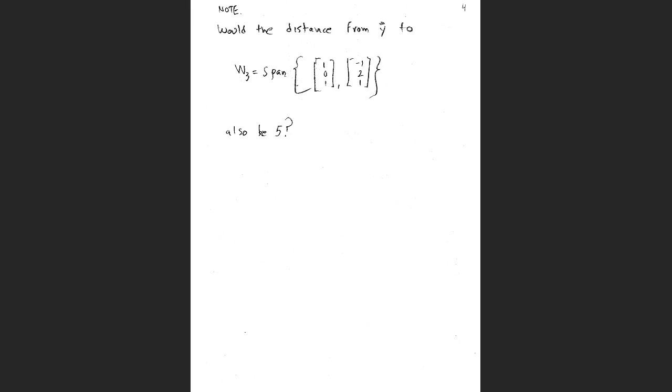All right, let me ask you this. Would the distance from the vector y to the subspace W3, which is the span of the two vectors in R3, be 5? What geometrically is W3 in R3?